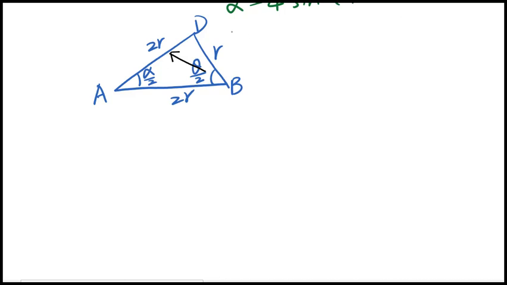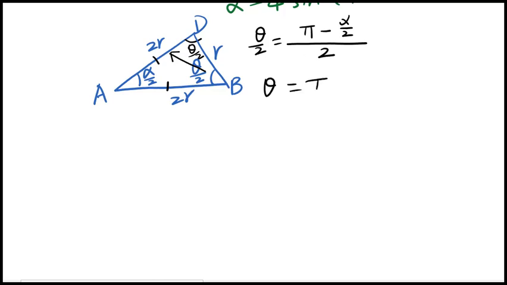The second way to figure out this theta is to think about this triangle as an isosceles triangle. So here is theta over 2. Therefore, theta over 2 equals pi minus alpha over 2, divided by 2. Then both sides multiply by 2. You will get theta equals pi minus alpha over 2.